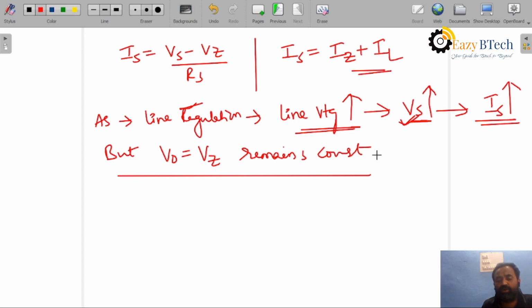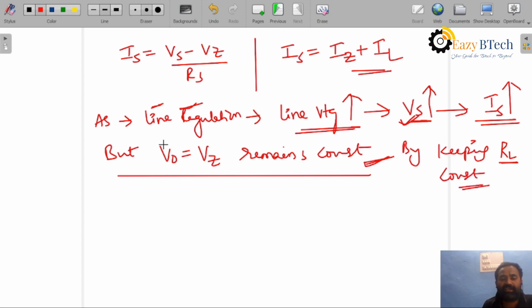That is why the output voltage across the diode remains constant. That is line regulation. In this line regulation, we keep the load constant. This is about line regulation characteristics.